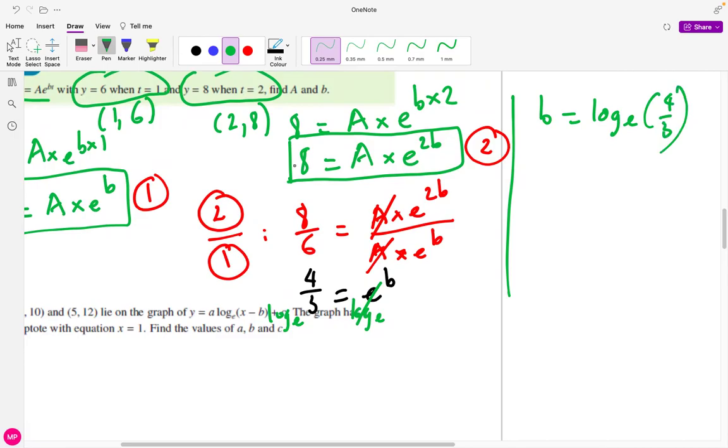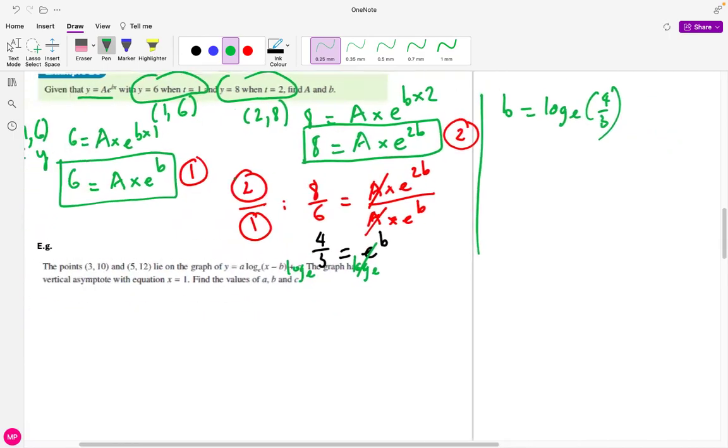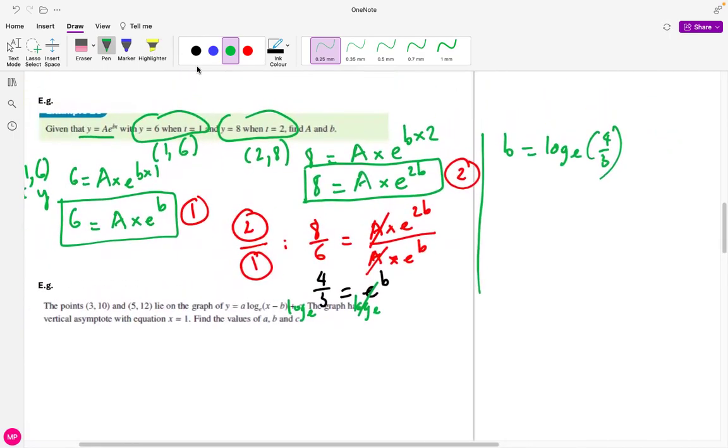Okay. Now to solve for a, now I got b, I just need to find a. So I sub back into one of these equations. Equation 1 is probably easier to do. So I have 6 equal a times a to the power of b, and b is this log a of 4 over 3. So a times a to the power of log a of 4 over 3.